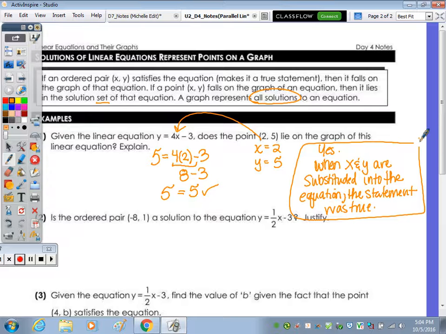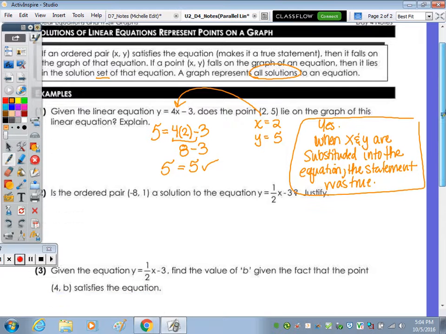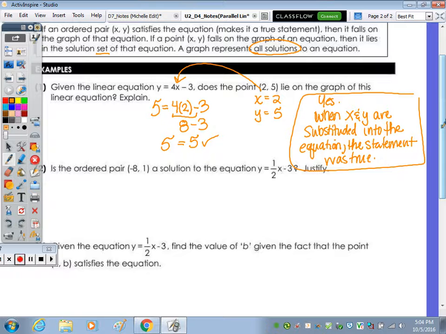Second one, is the ordered pair a solution to the equation y = 1/2 x - 3? Justify. So we have x equals -8 and y equals 1. I'm going to substitute, and does 1 equal 1/2 of -8 minus 3?